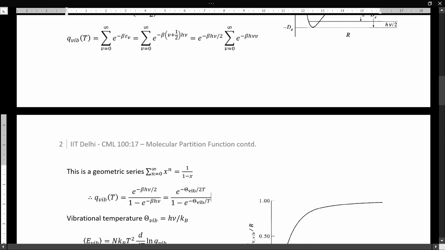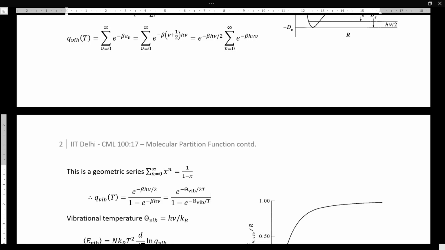I can also write this in a slightly different fashion. I could write that e to the power minus beta h nu by 2 is essentially e to the power minus h nu by 2kT. Okay, so h nu by k happens to have the dimensions of temperature.